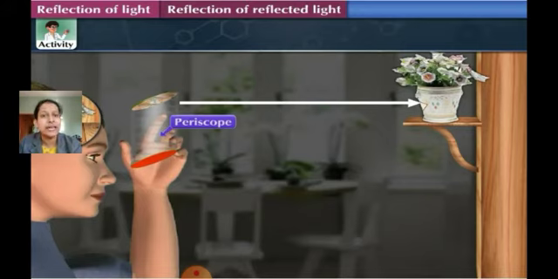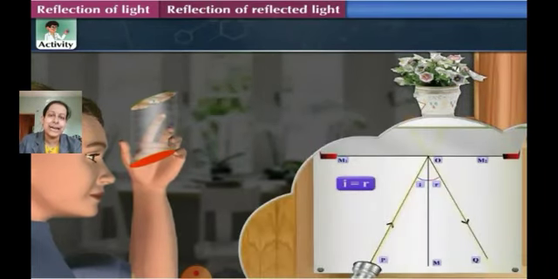Now how is this periscope working? You have learned that the light rays which are coming out of the surface are called the reflected rays. They will be coming at the same angle as the angle of incidence. That is, angle I is equal to angle R. That you have already learned in the laws of reflection.